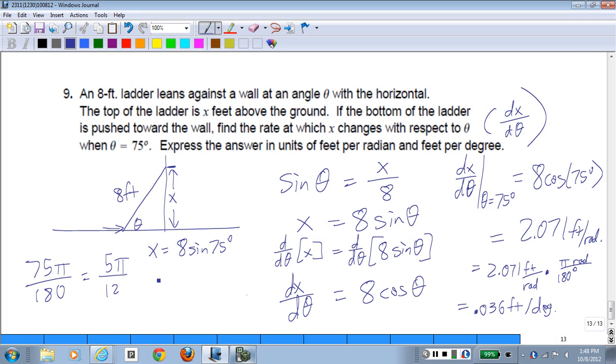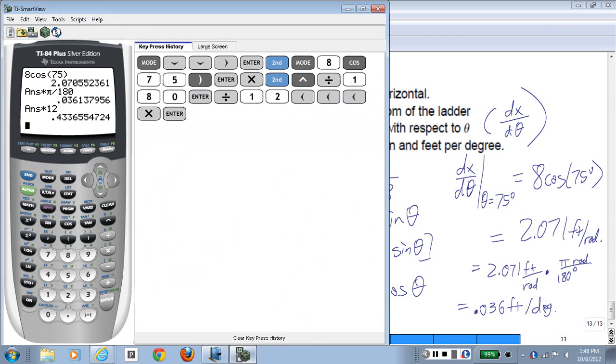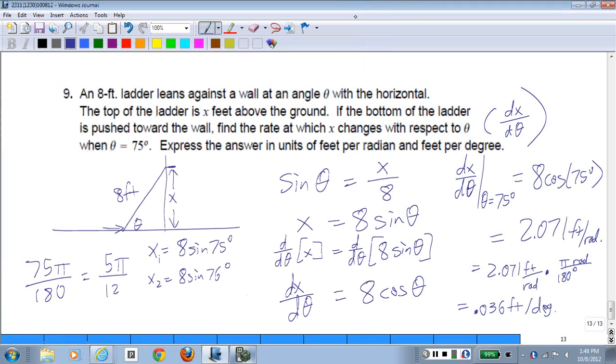And then figure out x sub 2, which is 8 times the sine of 76 degrees. Find the difference and see if it's close to 0.43 inches. I guess initially we should see if it's close to 0.036 feet.